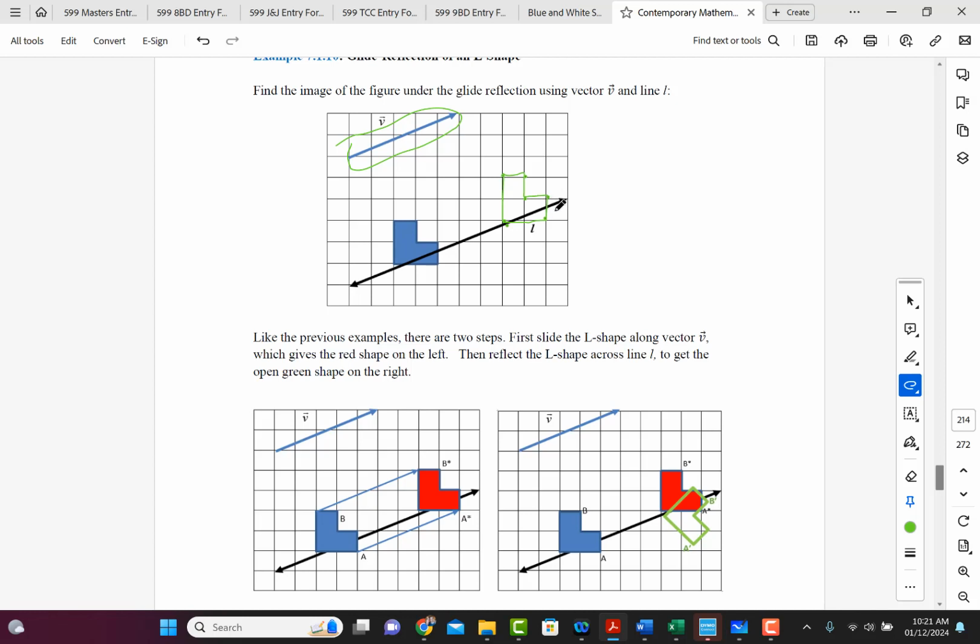So this is gonna go approximately right here, and this is gonna go right about here. So I'm kind of guessing.